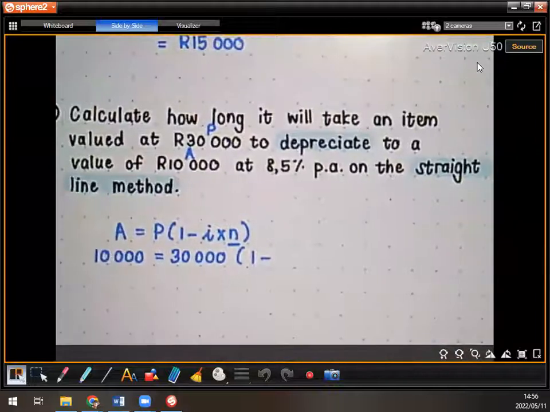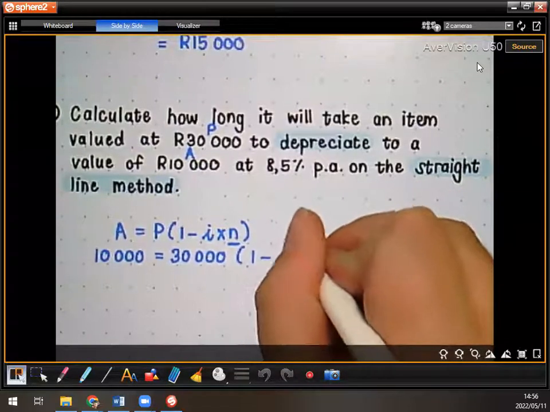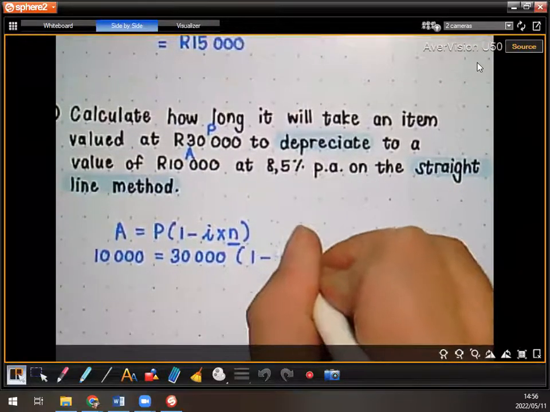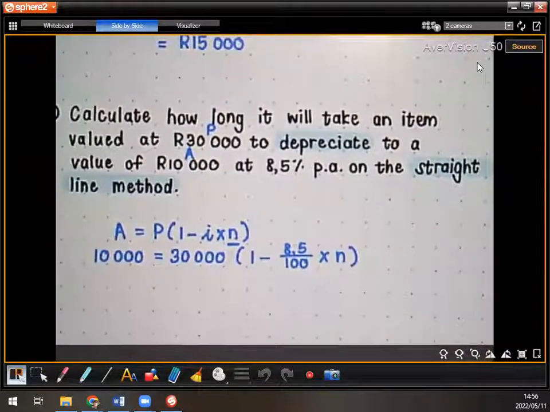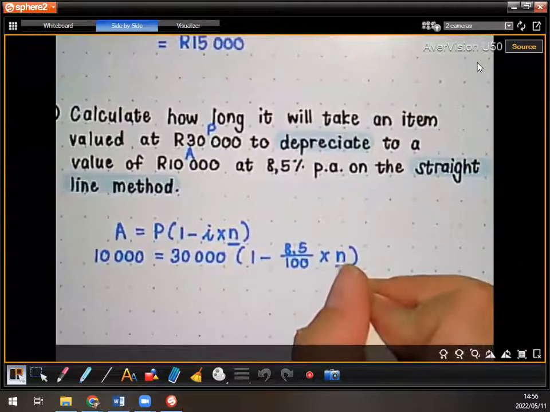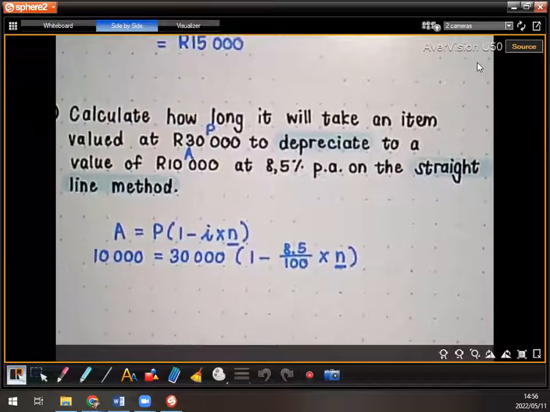1 minus our interest rate, which is 8.5 over 100, you can write percent if you want to, times n. Again, we need to solve for n, so we need to move everything else systematically to the other side.